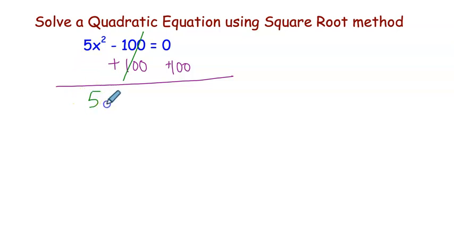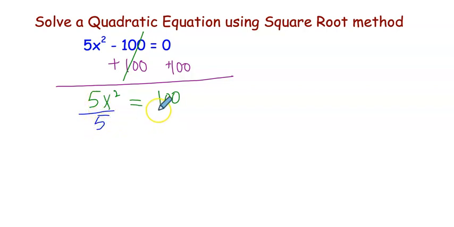Now you have 5x squared is equal to 0 plus 100, which is 100. Now as you can see, 5x squared is 5 times x squared. So I want to cancel this 5. The inverse operation for multiplication is division.